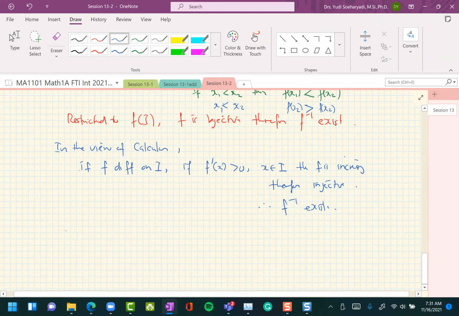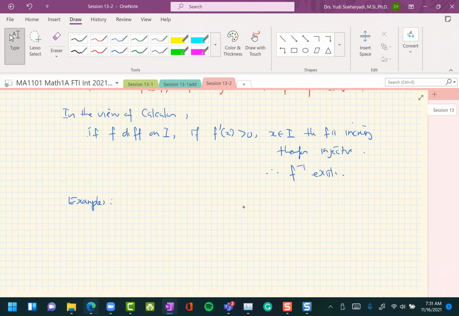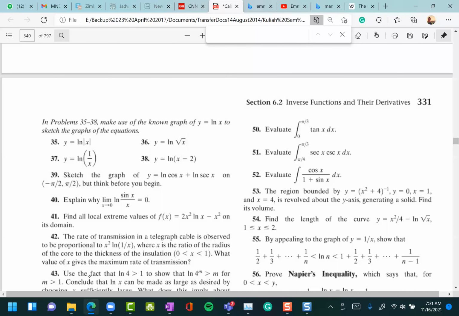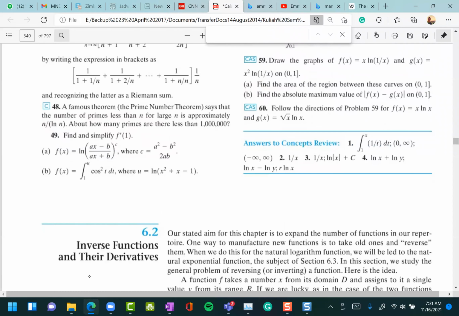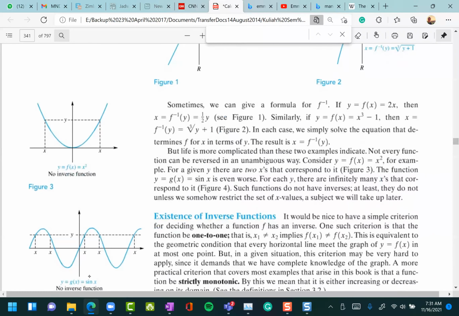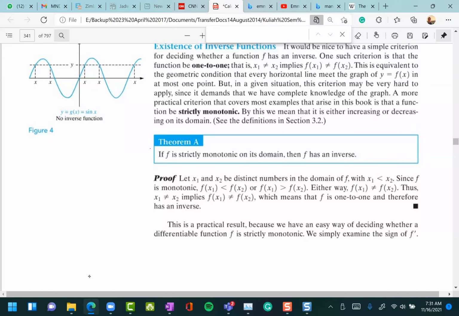So let's do some examples. Let's pick up some examples from the book. Here is the theorem: if f is strictly monotonic on its domain, that means either increasing or decreasing over the whole domain, then f has an inverse.